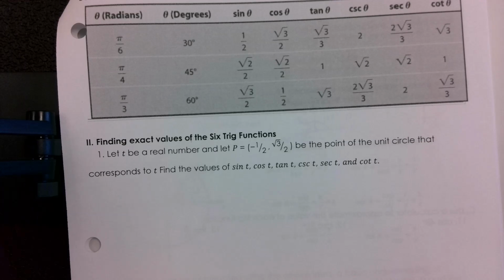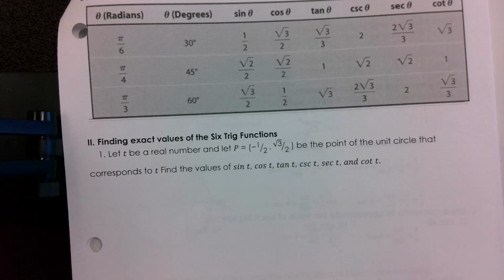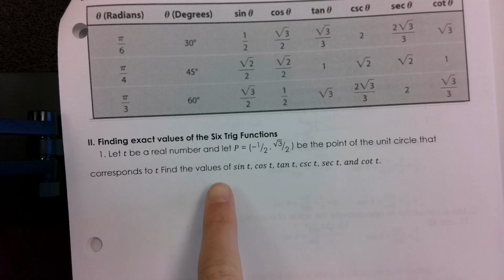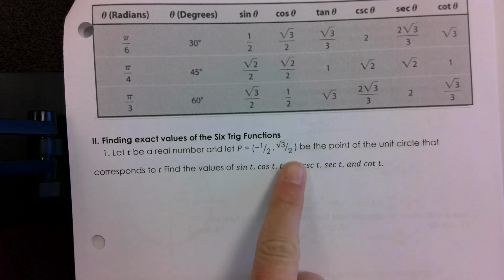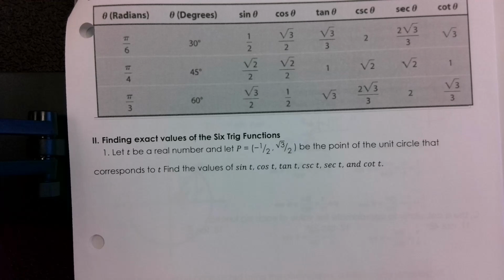So we're going to find the exact values of your 6 trig functions. So when we say the 6 trig functions, we mean sine, cosine, tangent, cosecant, secant, and cotangent. It says let t be a real number, and p is your point on the unit circle that corresponds to t. So find the values of the six functions. When we're talking about a point on the unit circle, it's sine and cosine, right?